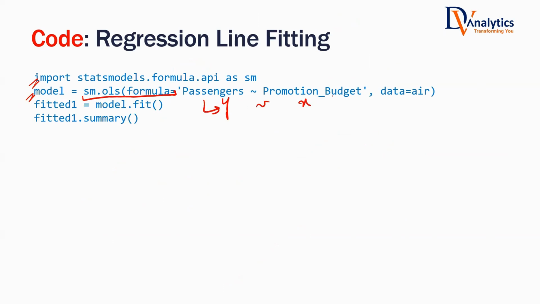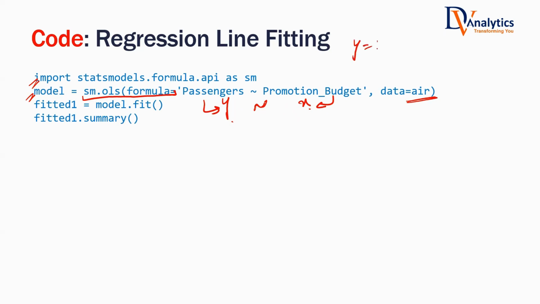Y is passengers, X is promotional budget. You have to tell Python that I'm using the target variable Y, and my Y variable name is passengers. I'm using this variable X for the prediction, so my X variable name is promotional budget. Both Y and X are part of our data frame called air passengers data. Tilde is part of syntax.